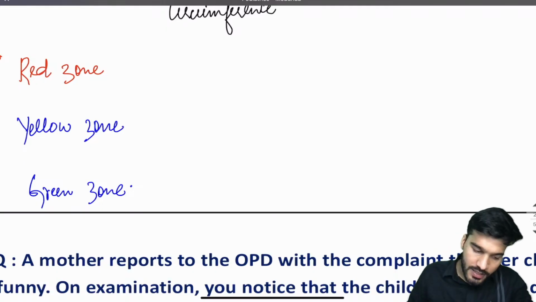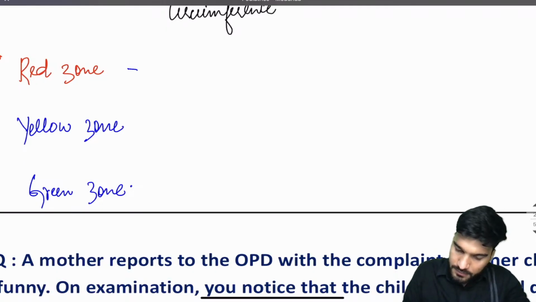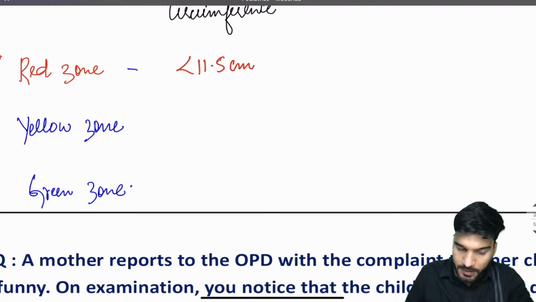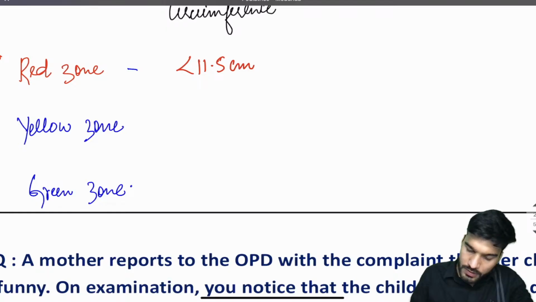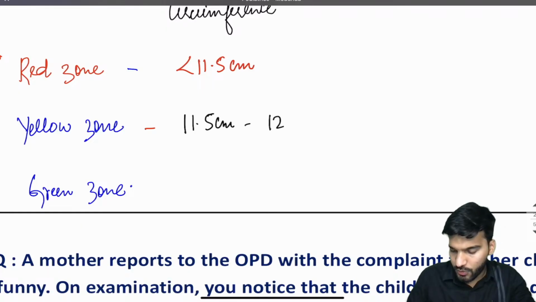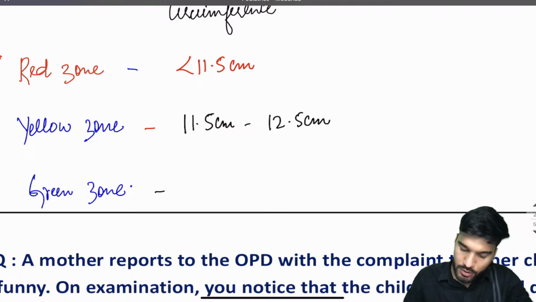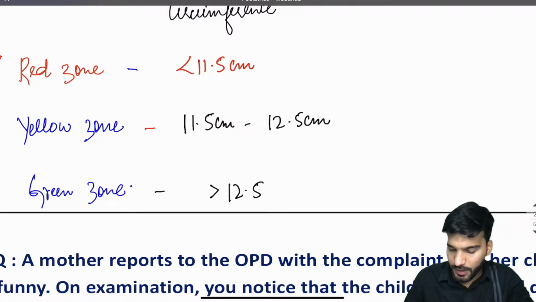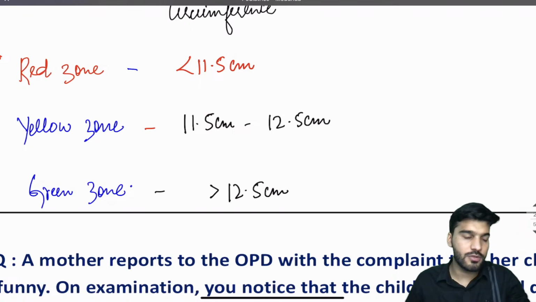Okay, so the red zone is when it's less than 11.5 centimeter. Yellow zone is 11.5 centimeter to 12.5 centimeter, and green zone is going to be more than 12.5 centimeter.